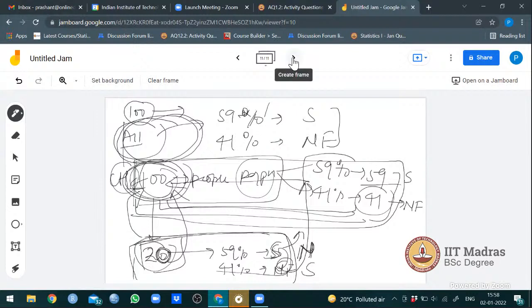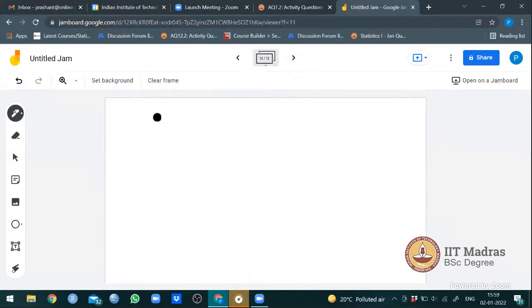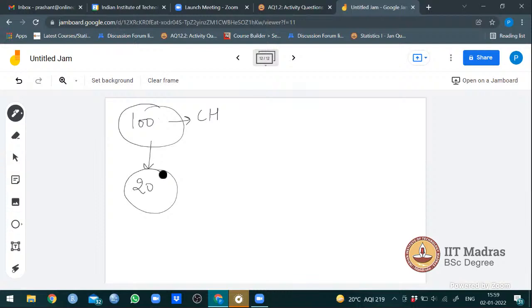No, you can't say that. See, I think you did not get it. Please understand separately. Suppose I have a population of 100 people in Chennai. It's a population. Out of this population, I took a sample of 20. And out of 20, suppose 59% said it's a normal flu, and 41% said it's serious.